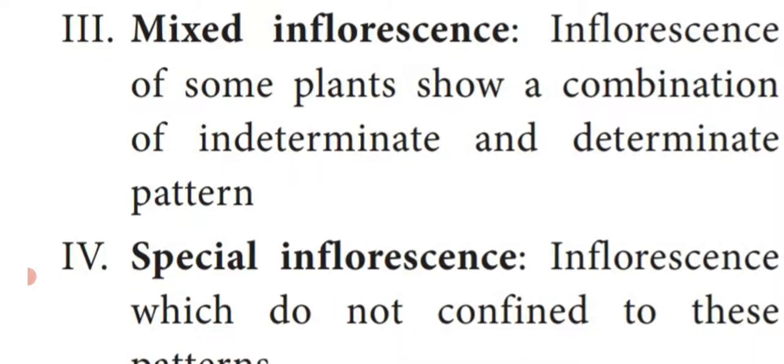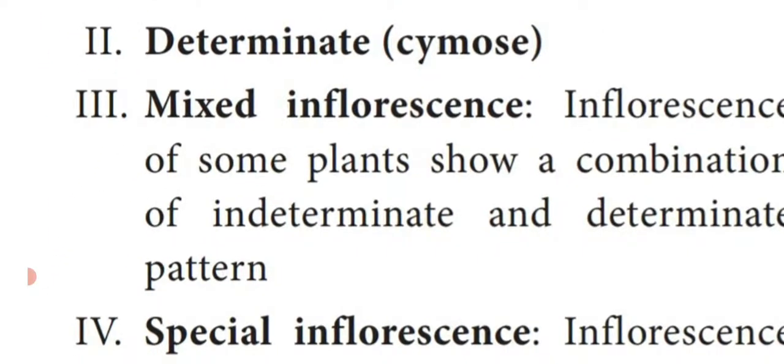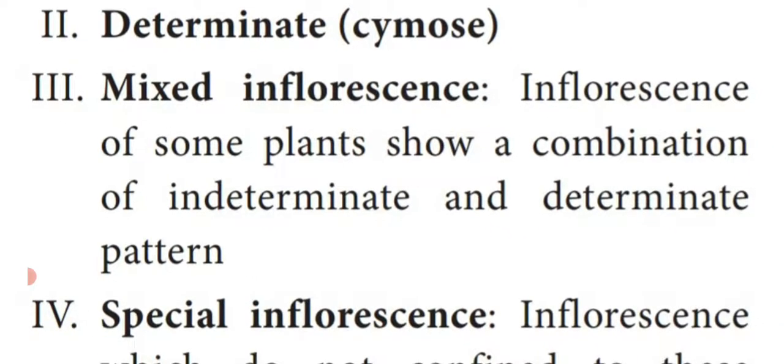four types. First one, indeterminate, that is racemose inflorescence. Determinate, that is cymose inflorescence. Mixed inflorescence, that means the inflorescence axis which shows both racemose and cymose type of branching is known as mixed inflorescence.